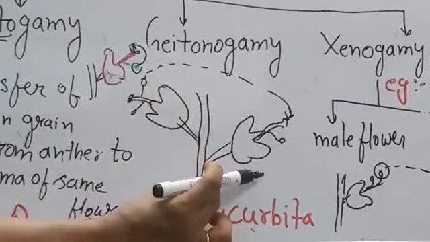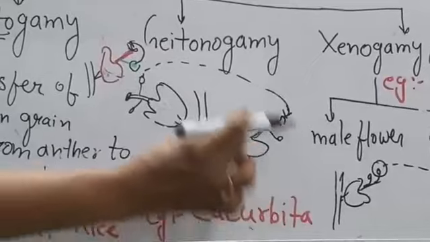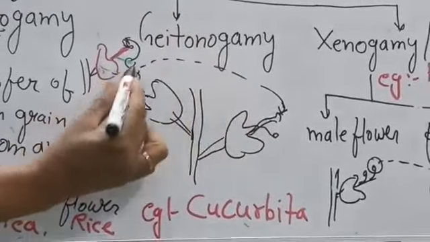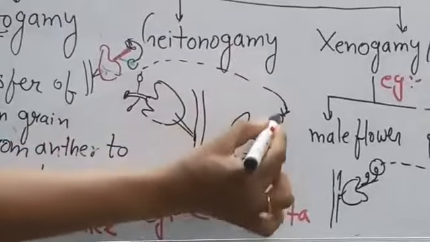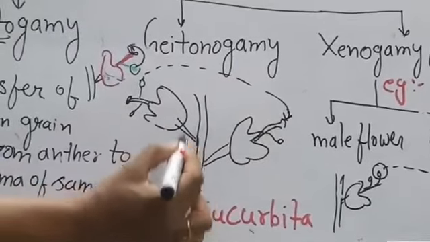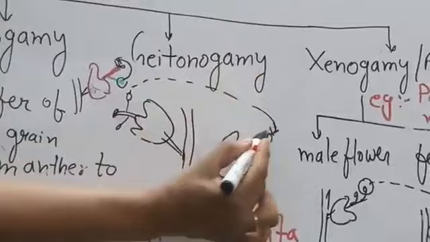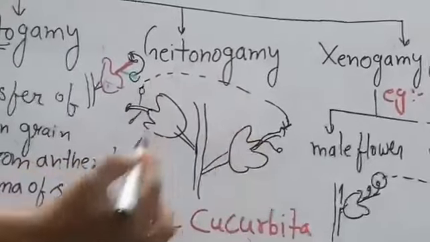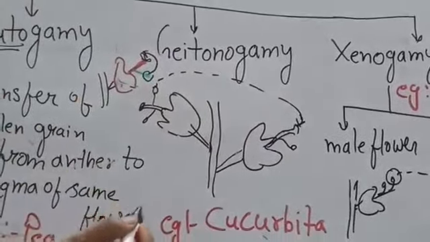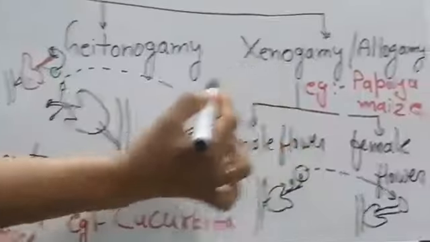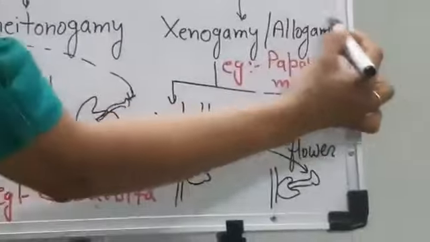Geitonogamy: in one plant there are two flowers, and the pollen is transferred from the anther of one flower to the stigma of another flower of the same plant. This is called geitonogamy.